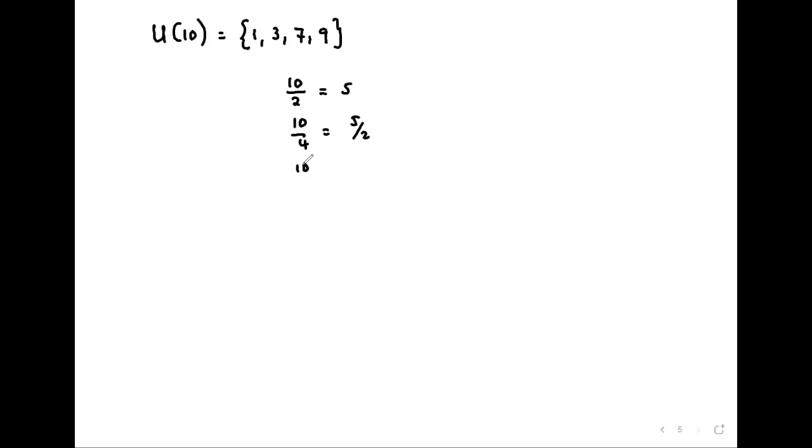If I say 10 over 5, I'll simplify it to 2. 10 over 6, I'll simplify it to 5 over 3. 10 over 8, I'll simplify it to 5 over 4. 10 over 9 remains 10 over 9. So we pick such ones and we call them the relatively prime numbers there. So the order here will be 4.